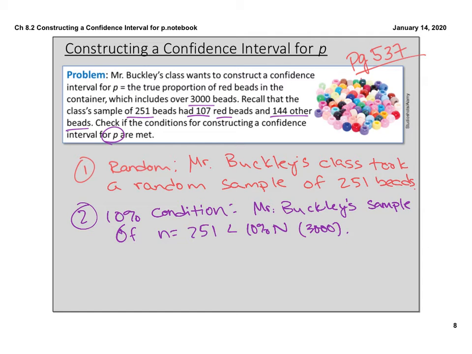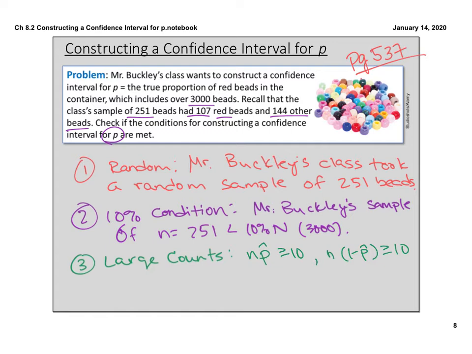The next one is the large counts condition. This is where we would show, so we've got the proportion, we're using the p hat values here. We need to show that n times p hat is greater than or equal to 10, and n times 1 minus p hat is also greater than or equal to 10.